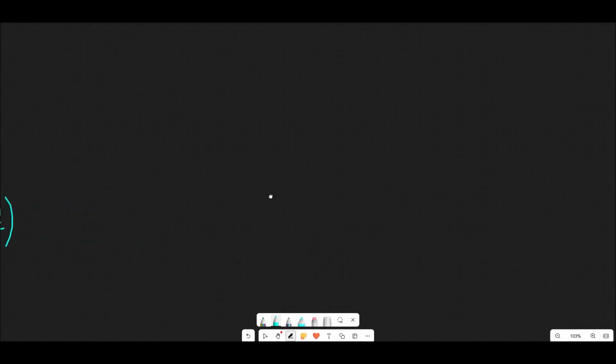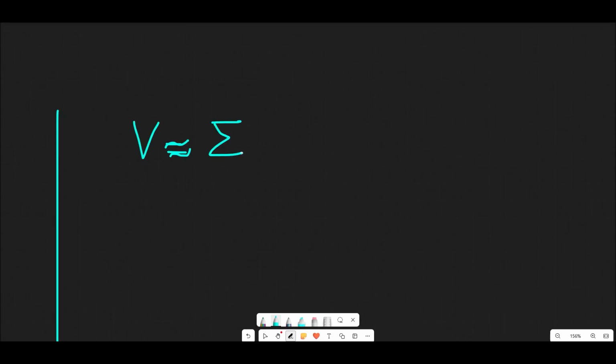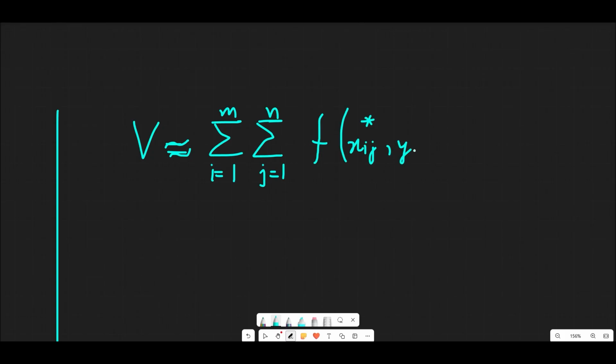Midpoint rule: as you know, the volume is approximately equal to the summation, i equals 1 to m and j equals 1 to n, of f(x_ij*, y_ij*) times delta A. You know what delta A is, and now you know what the steric means. It means the sample points.